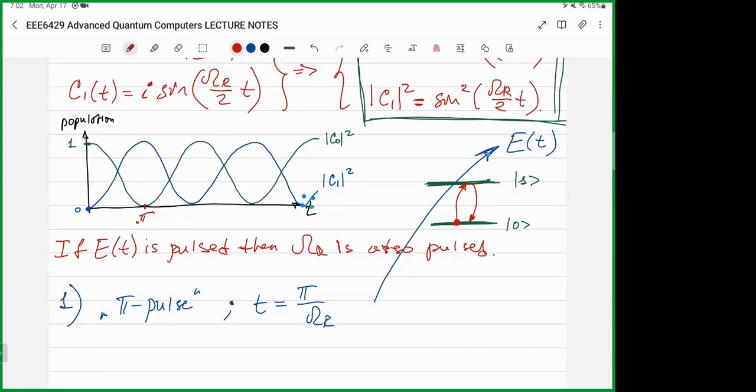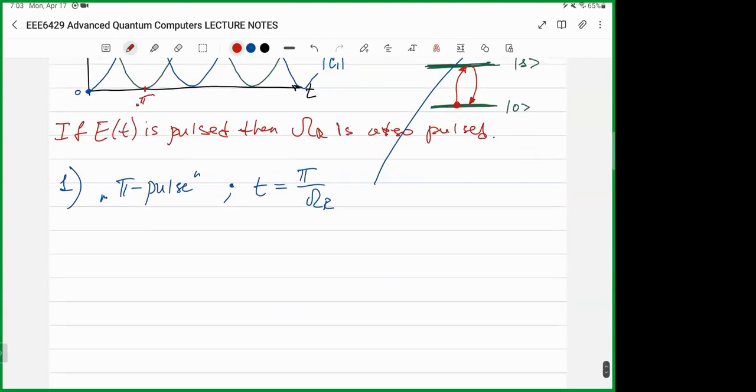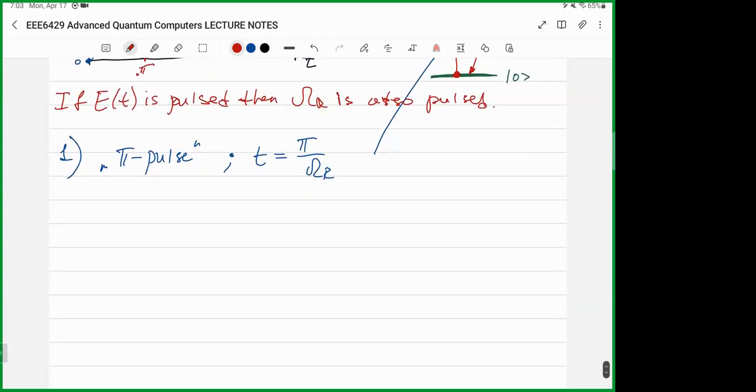I send it to the qubit, and after the pulse has passed through the qubit, the pulse prepared the qubit in the excited state. So it causes a transition from state 0 to state 1.